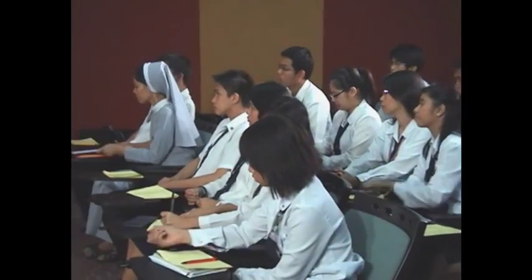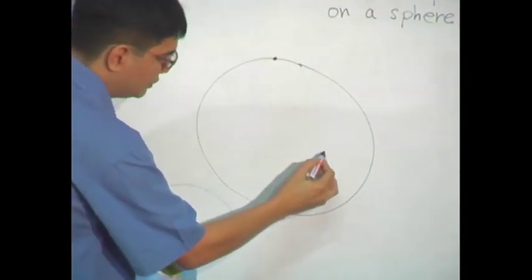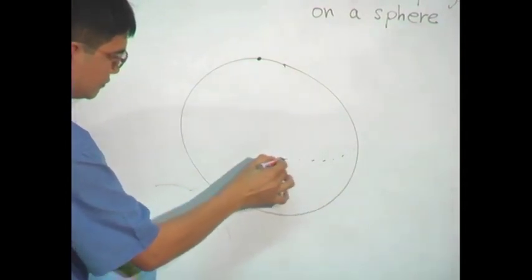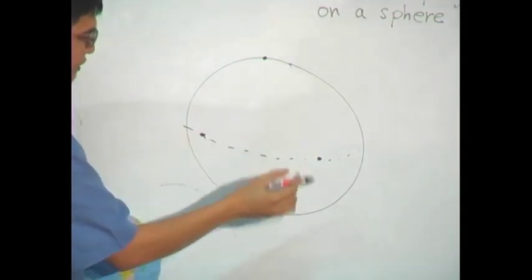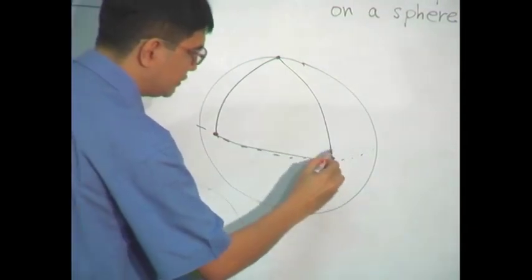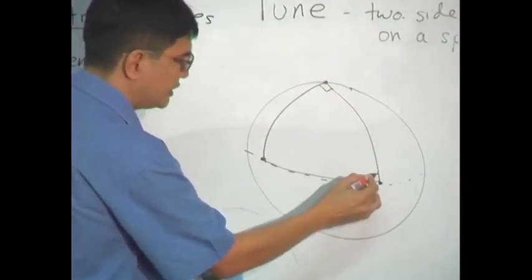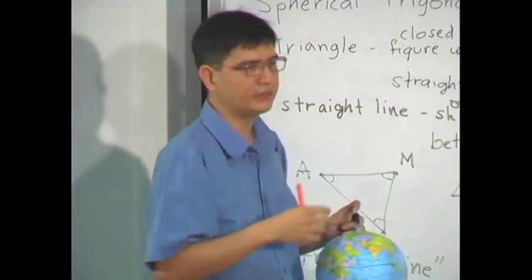Let's go back to the spherical triangle that we looked at earlier, the one with the vertices at the North Pole, at Singapore, somewhere here, and at the Congo, somewhere in Africa. We say that this spherical triangle has angles of 90, 90, and 90. That is because we restricted the term straight line to be somewhere along sea level.